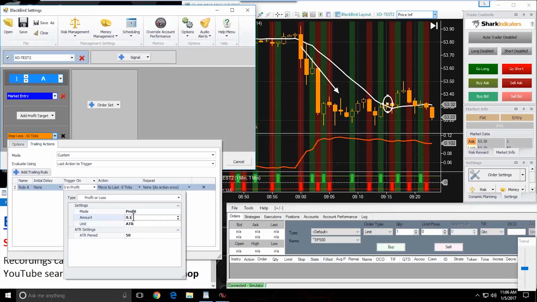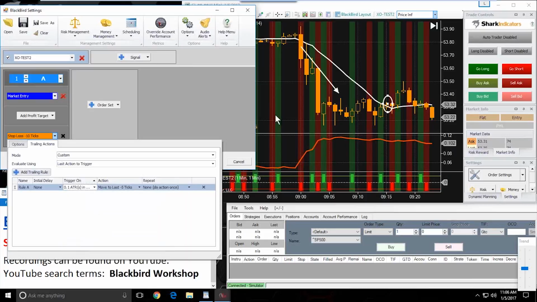So I could just look for 0.1 units in profit in the ATR there. And then of course you need to set up your ATR period. So if I'm using a 12 period on my chart, then I'd want to set my ATR to 12 period as well.